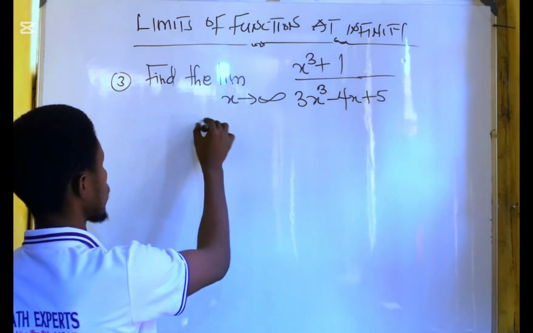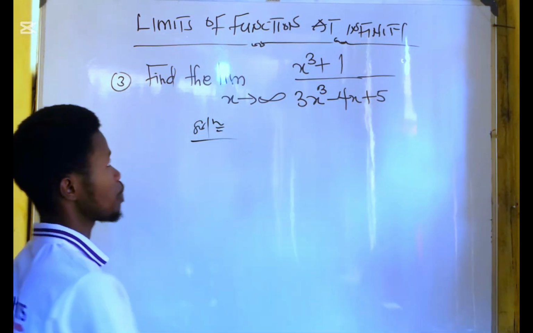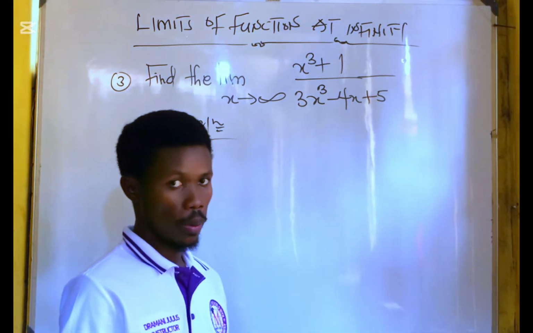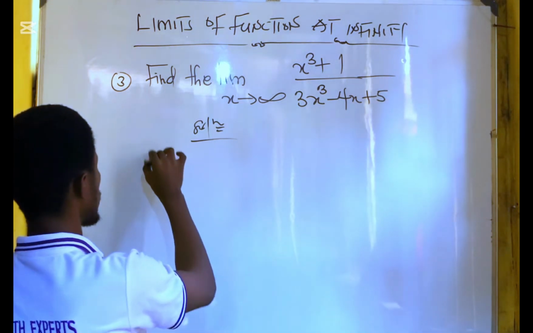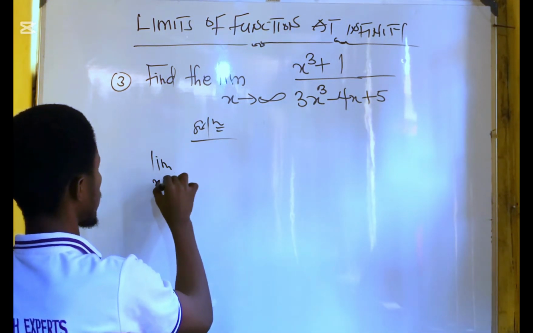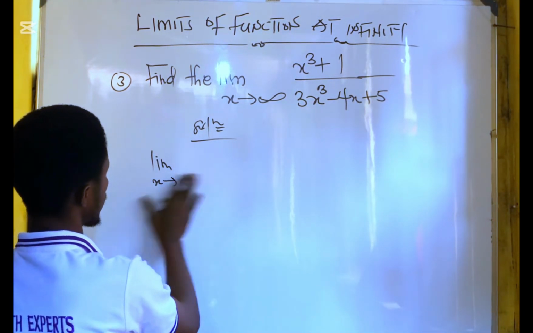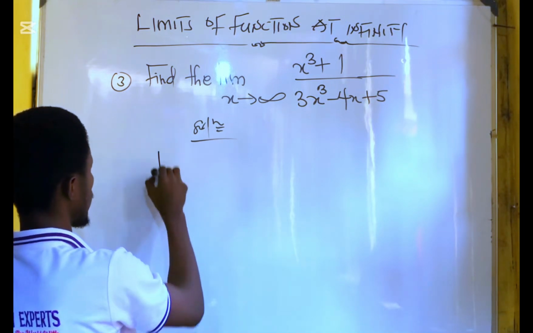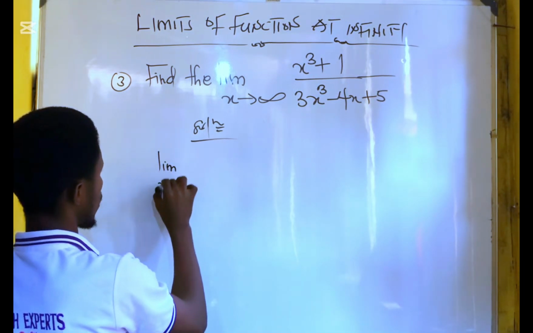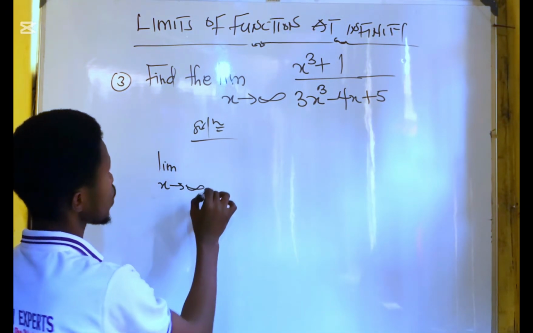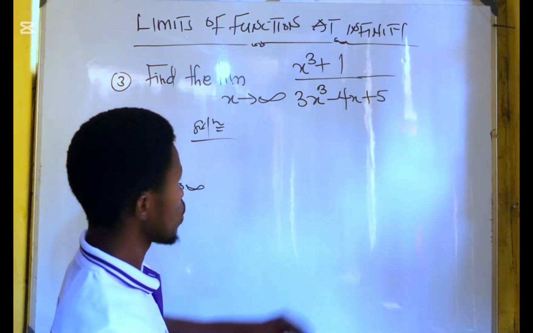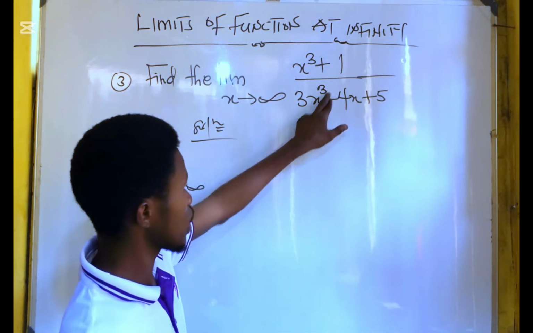So the first thing we are going to look at is the same approach. I'm starting straight: the limit as x approaches infinity. Here you realize that the highest power in the denominator is x to the power 3.